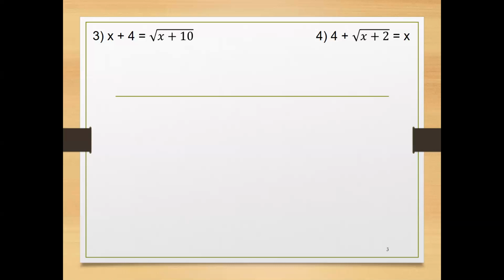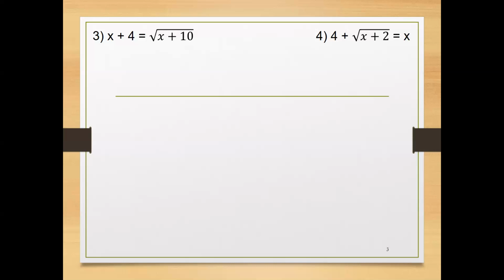At this point, again, I have the x squared, so I'm going to move everything to one side, knowing that I need to use my asterisks. So 0 equals x squared minus 9x plus 14. Fill out our asterisks.